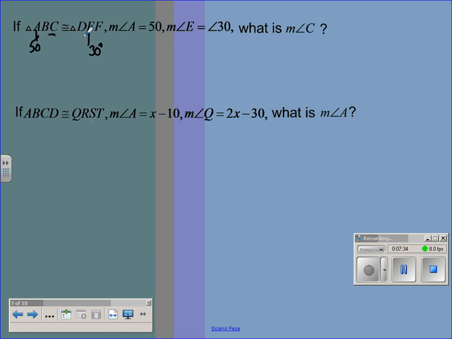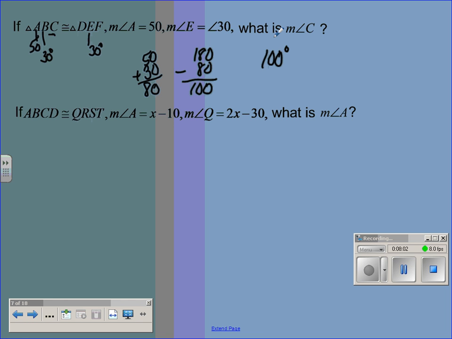E's in the completely wrong triangle. But if we use our ideas of matching, we can say, oh, E matches with B, so therefore that's 30 degrees. And then therefore, oh, these make a triangle, so 50 and 30, which make 80. And then subtract that from 180, you'd get 100 degrees. And so that's how much angle C would be.